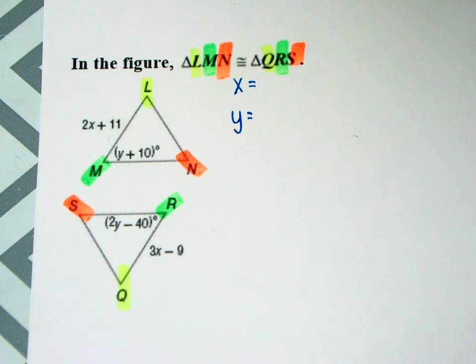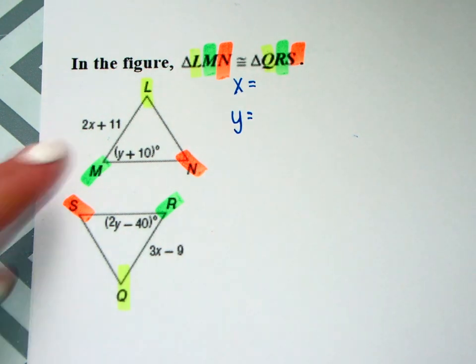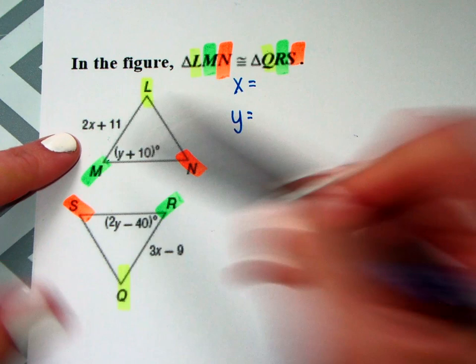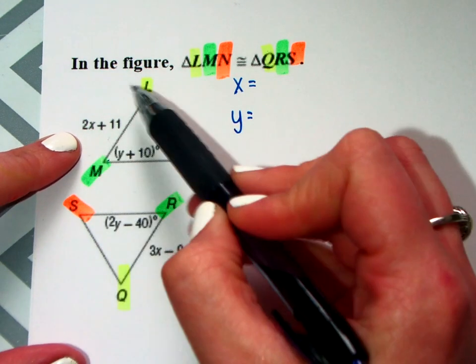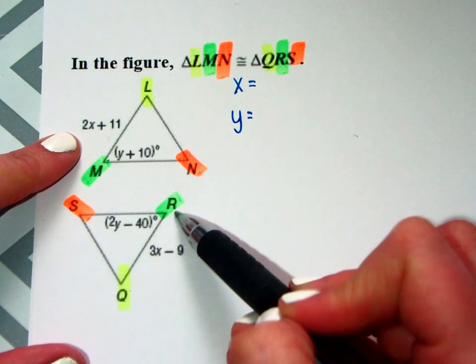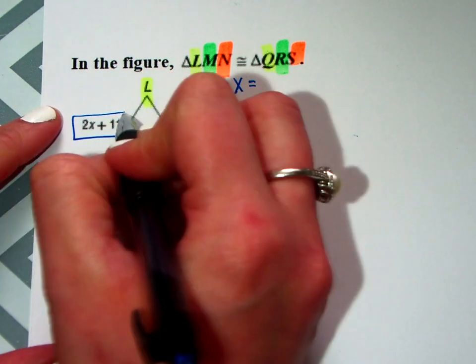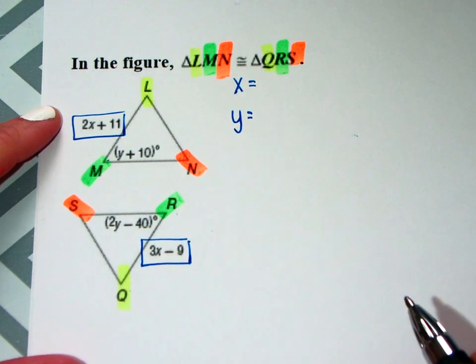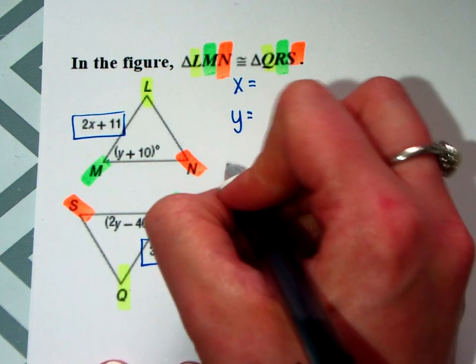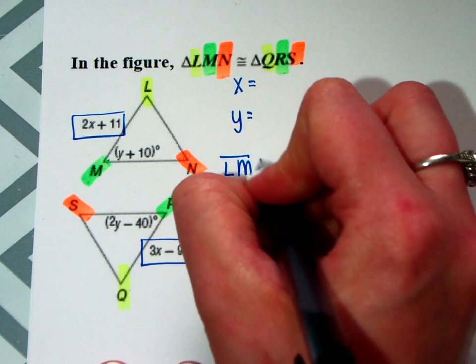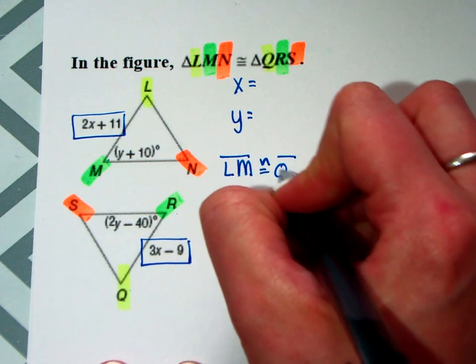So now I'm just going to kind of focus. Find my variables. So I have a variable at LM, and it's 2x plus 11, so that's yellow, green, yellow, green. 2x plus 11 has to be the same as 3x minus 9. So LM is congruent to segment QR.